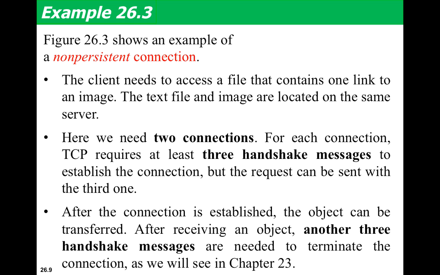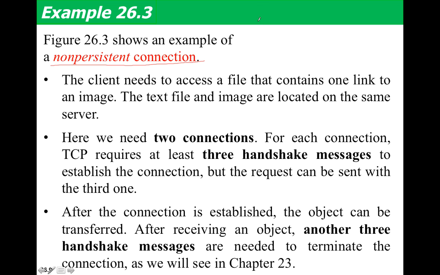Now we will look at the different types of HTTP connections. The first one we have is called the non-persistent connection. Now, as we know, HTTP makes use of TCP underneath.